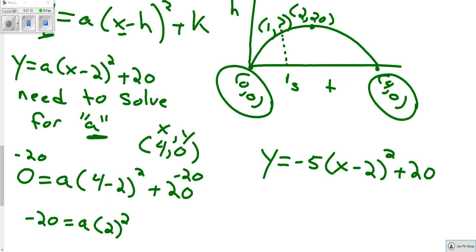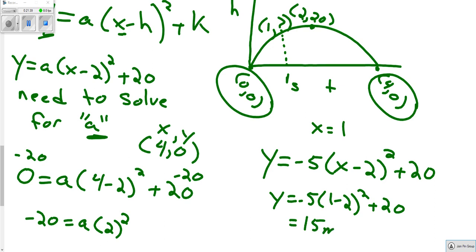Let's say x equals 1, you plug that in and solve. So it'd be 1 take away 2 is -1, 1 squared is 1. -5 times 1 is -5. -5 plus 20 is 15.